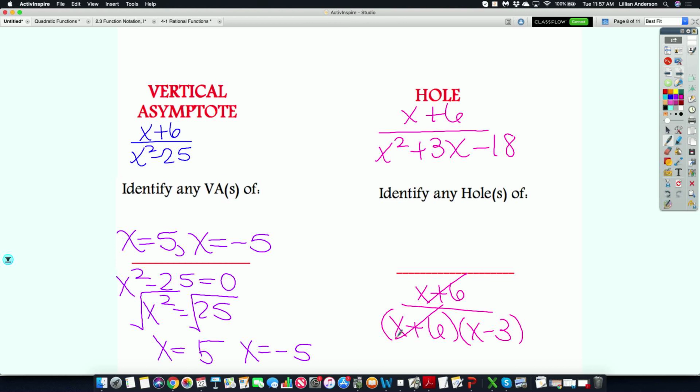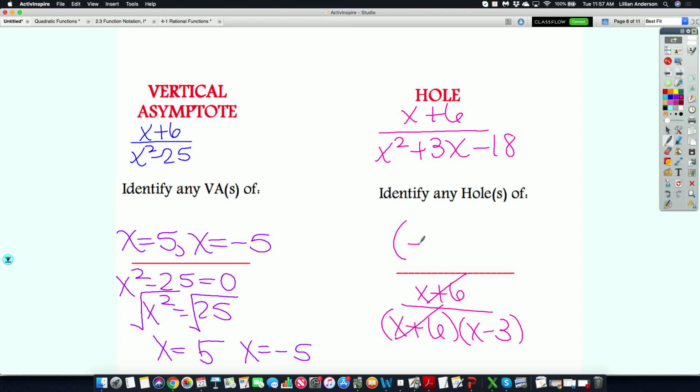Okay? So when you're given a situation where it's asking you to find a whole bunch of information, like I give you a function, I'm asking you to find everything about it, you identify which one is the hole before you do the vertical asymptote. Did everybody hear me? The vertical asymptote would be x equals 3. So in this case, the only vertical asymptote would be x equals 3, because at x equals negative 6, there's a hole.